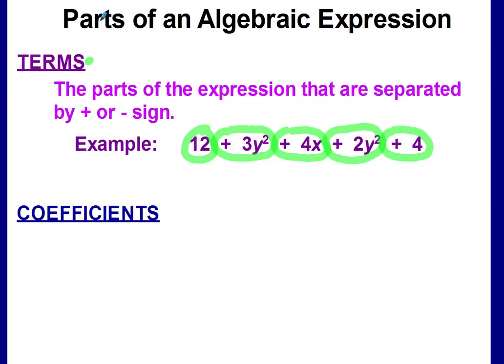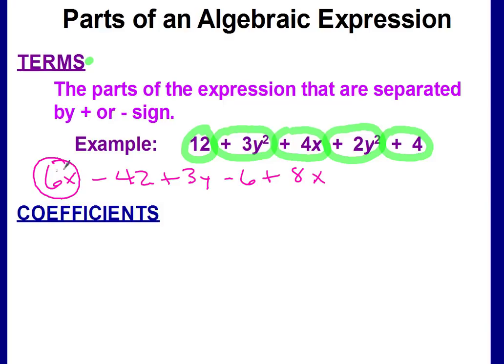Let's do another example. If I have 6x minus 42 plus 3y minus 6 plus 8x, I can go and I can circle each term. Terms can be a variable with its coefficient.